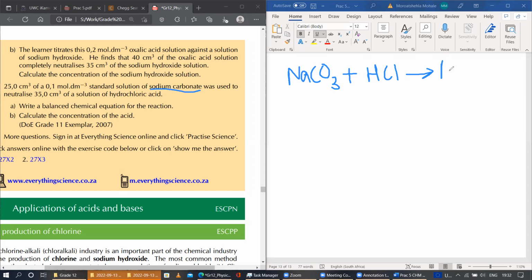So that's gonna be NaCl plus H2O plus CO2.